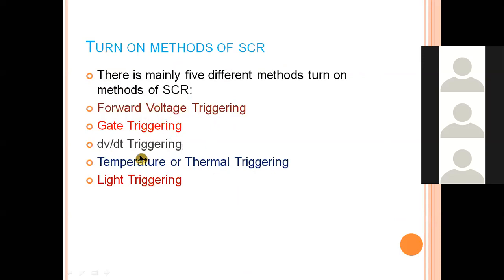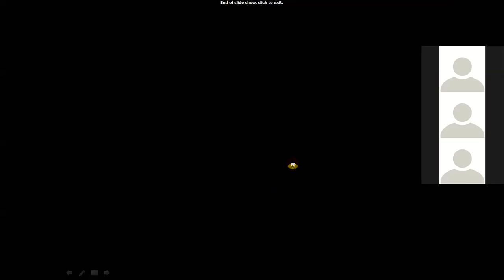Is it clear with the turn on methods of the SCR? We may consider this clearly in the next session. If there are any doubts, you can simply ask me now. Anyone?